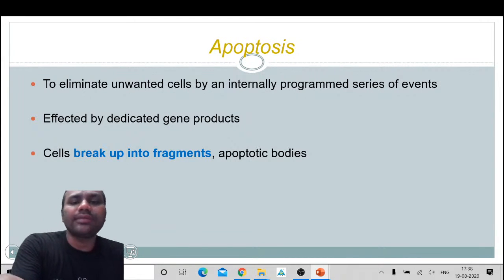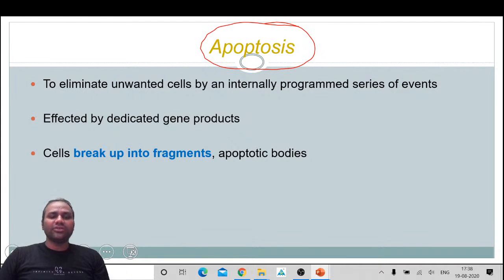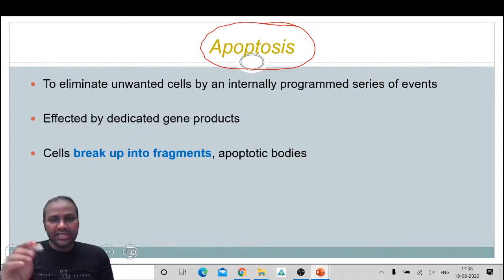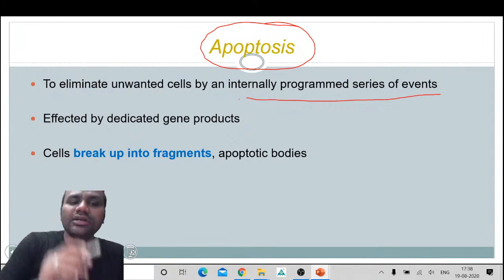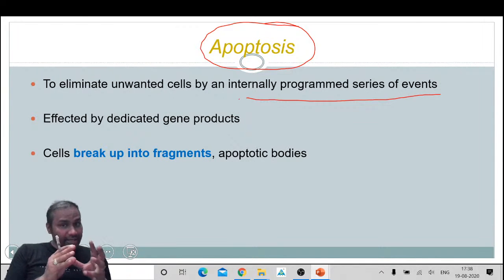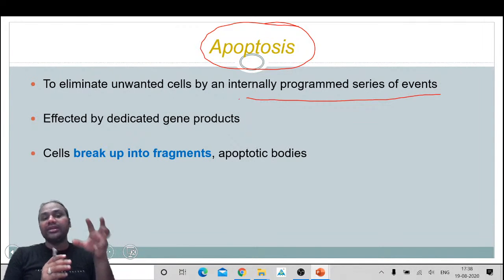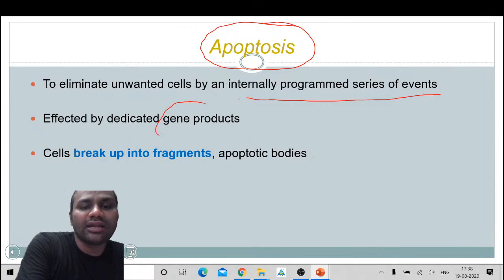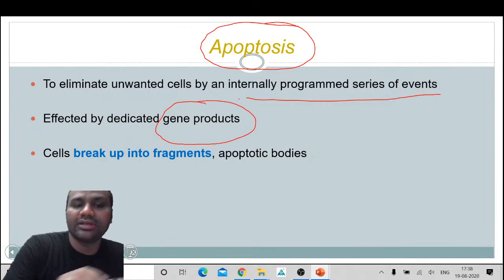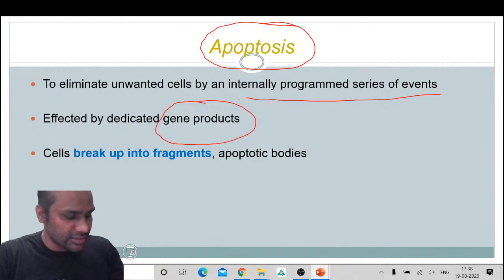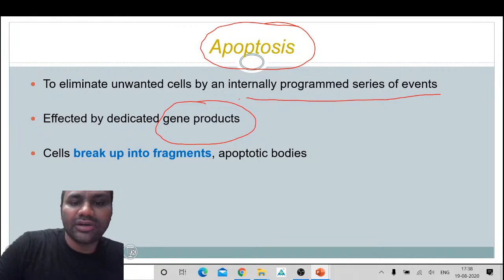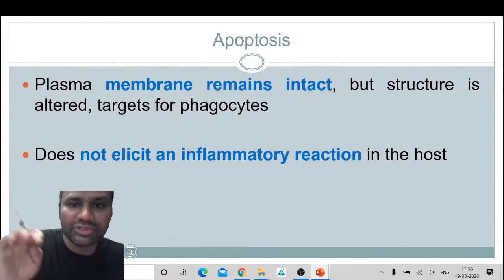Now let's come to the next type of cell death, that is apoptosis. Apoptosis is another type of cell death. It is an internally programmed series of events, and hence it is more focused on DNA, that is gene material. The cell breaks into fragments, and apoptotic bodies are formed in apoptosis.